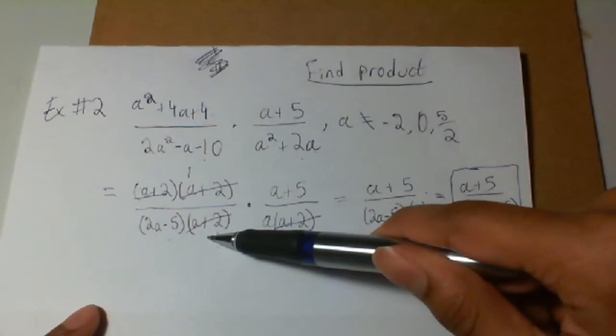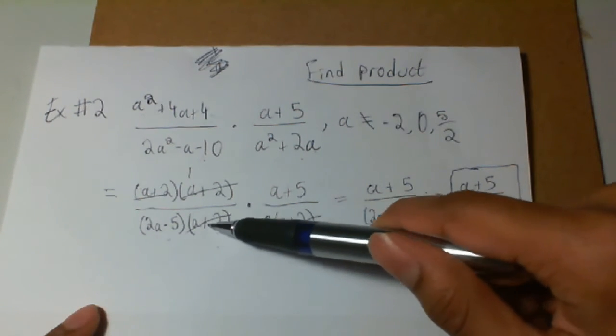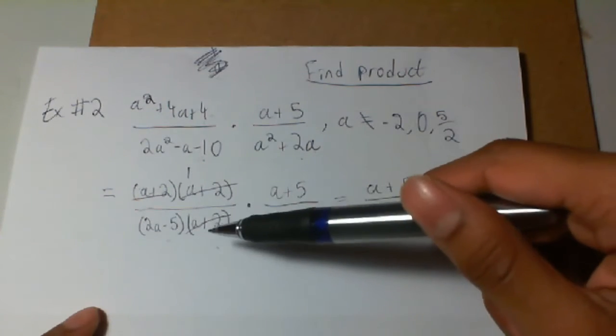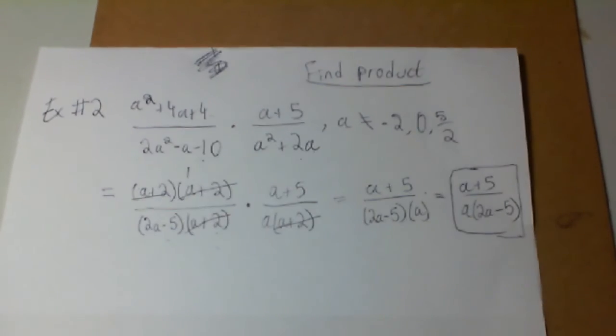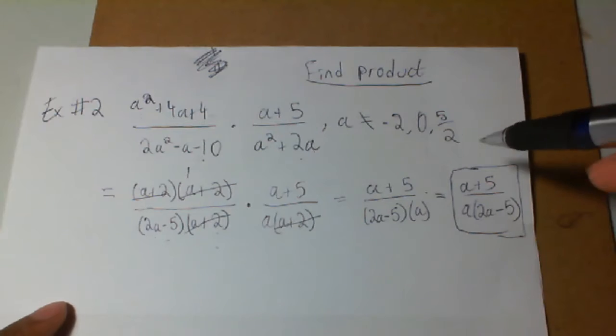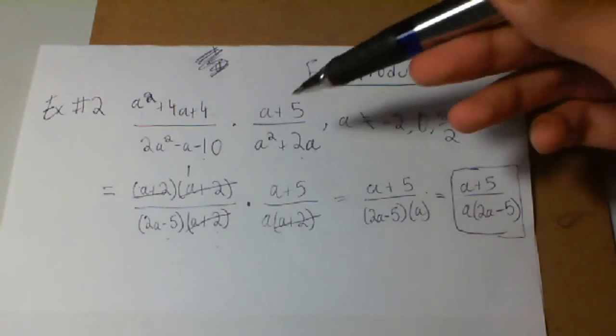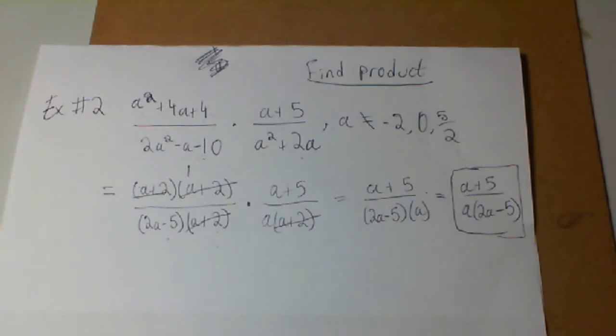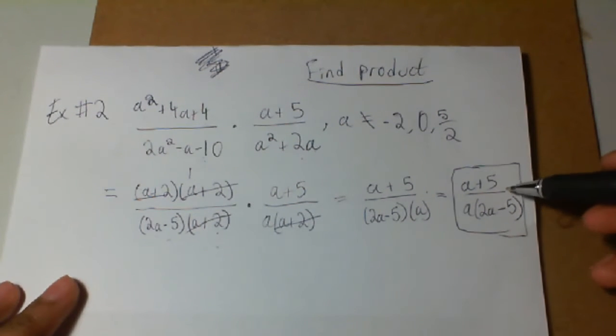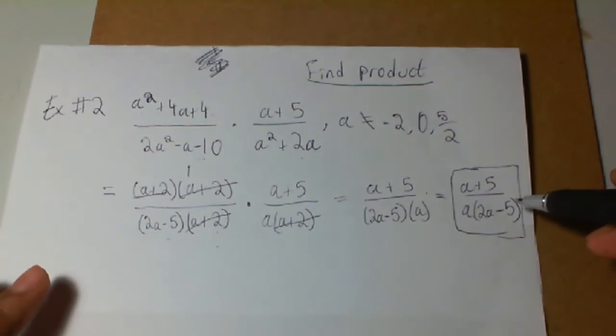If we put in a -2 here, that's just going to make it 0, and that's going to make the entire denominator 0, which is going to be undefined. So these are just values of a that make the product of this rational expression undefined. But yeah, the final answer would be a plus 5 over a times 2a minus 5.